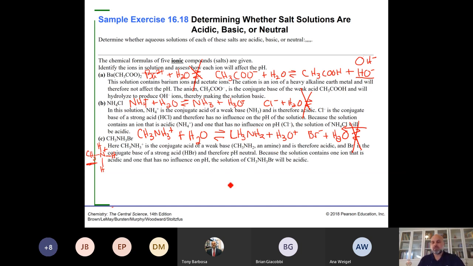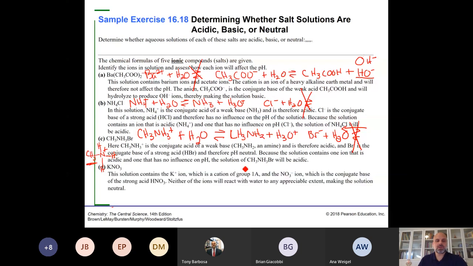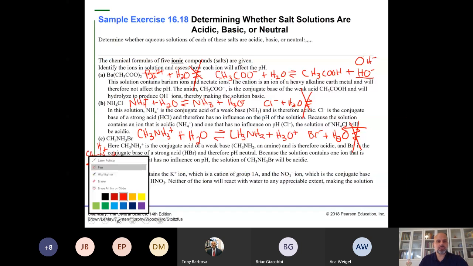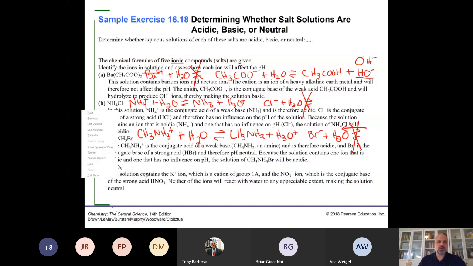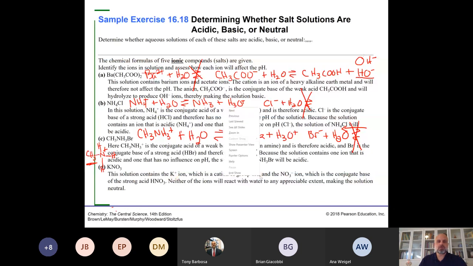All right. Last example, we have potassium nitrate. Actually, this is not the last example, I think there's one on the next slide. We have potassium nitrate, and this solution is going to contain the potassium ions. It's a group 1 ion, and it's therefore going to be neutral.